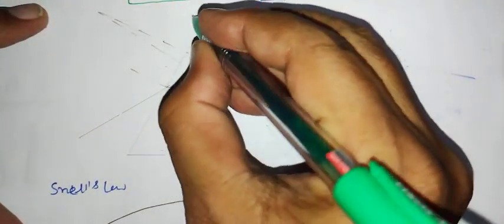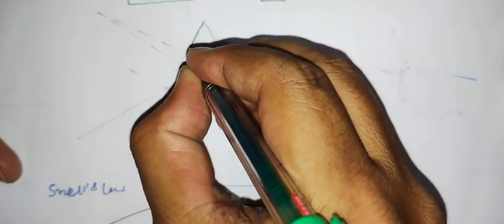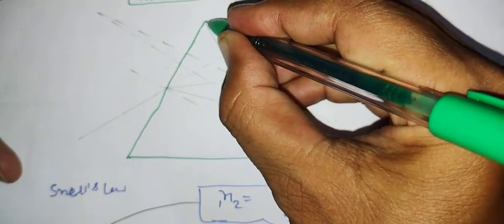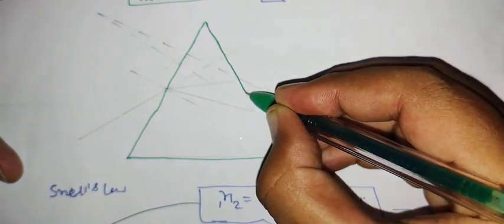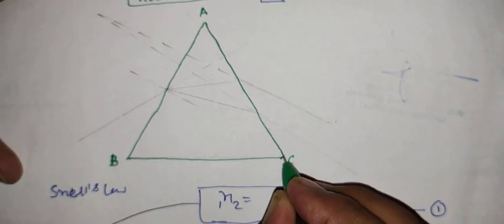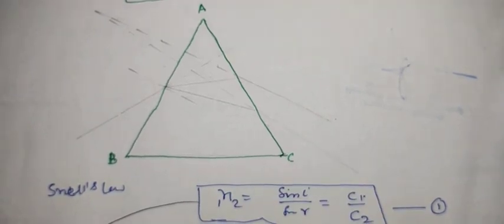See here a diagram. Let A, B, C represent a prism.